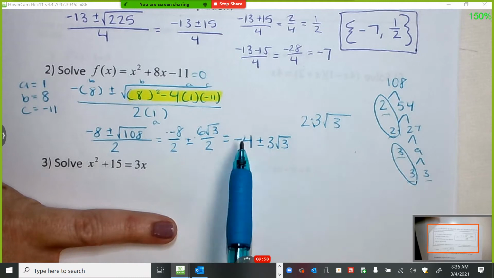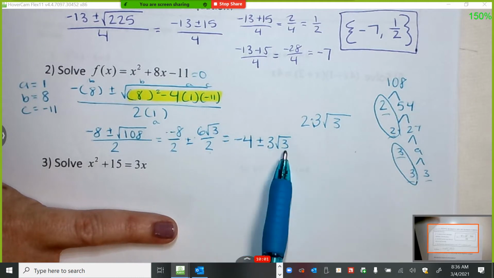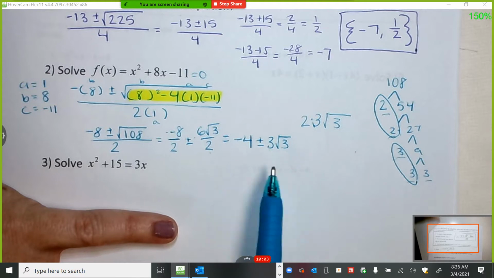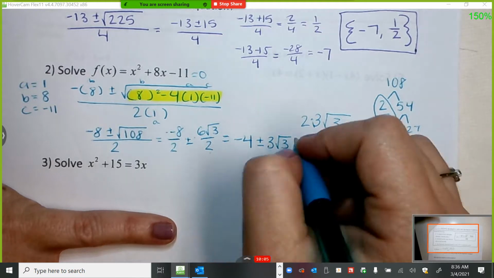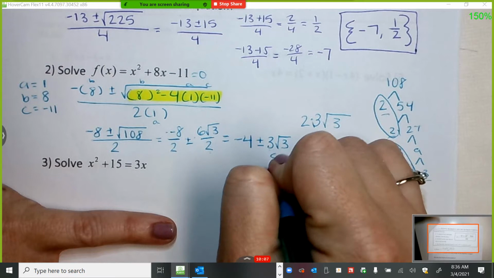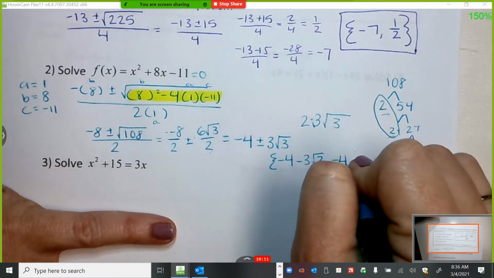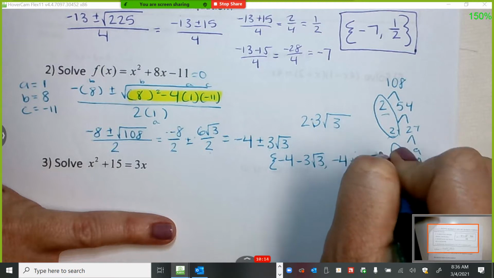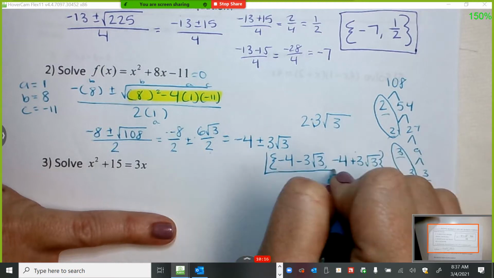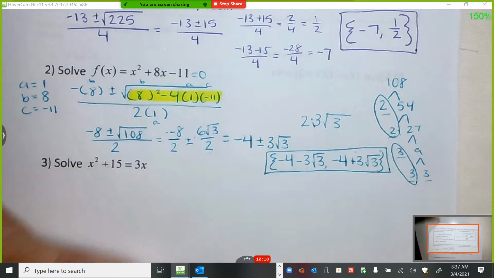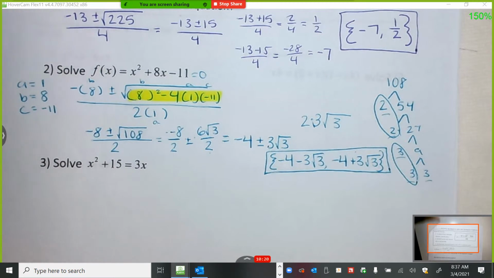But if this is 4 plus or minus 6x, we can't combine them because they're not like. Okay, so this means our solution is negative 4 minus 3 square root of 3, negative 4 plus 3 square root of 3. So this one you definitely would not have been able to factor.